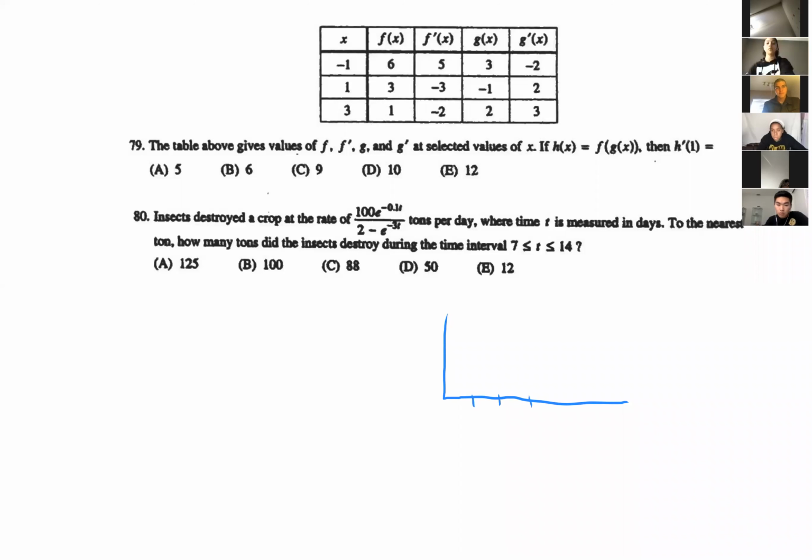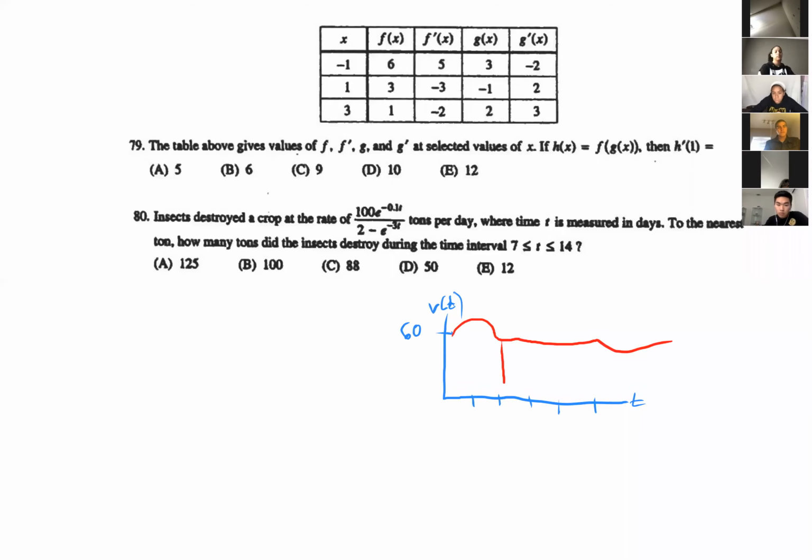Just a simple example, let's say from 2 to 5 hours, you're going 60 miles an hour. So this is your velocity, this is your time. A constant velocity of 60 miles an hour. Maybe it's going like this, but once you get to 2, it's constant all the way to 5.